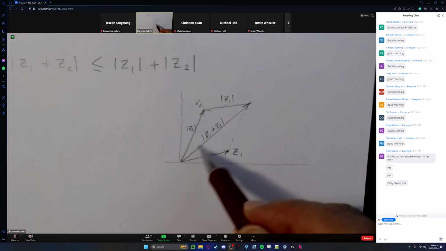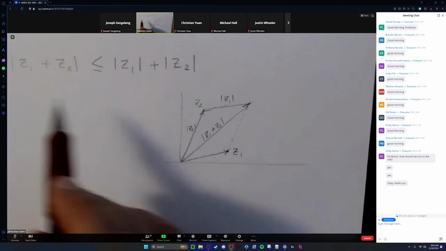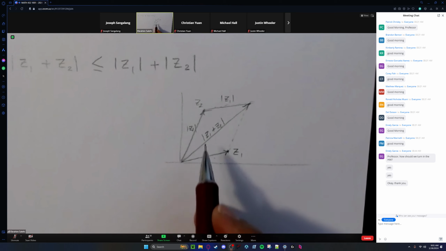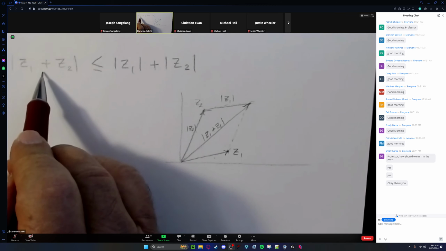Especially this side is less than or equal to this side plus that side. I will call it triangle inequality number one. On the other hand, you can even have a negative sign here.